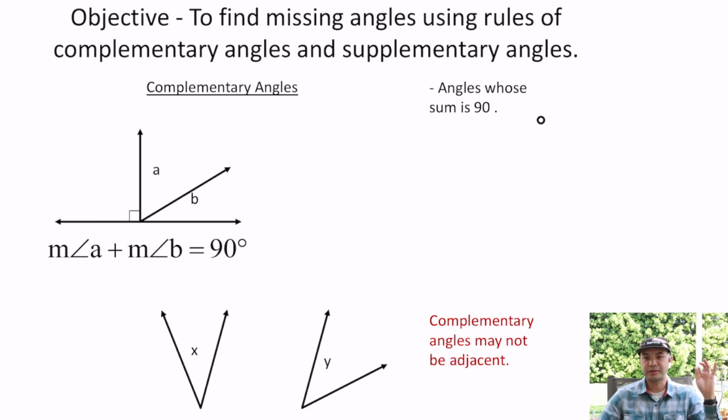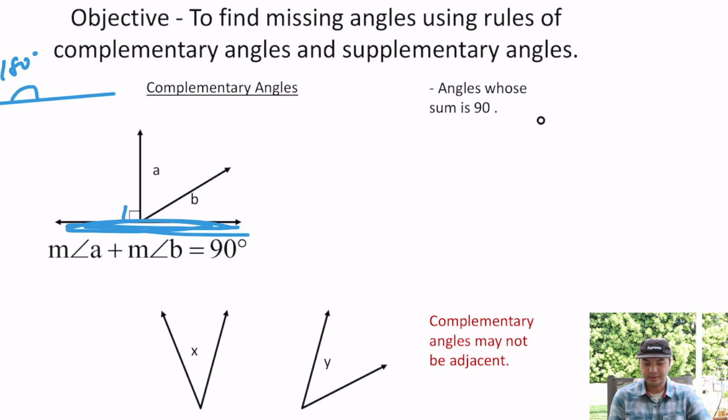So first of all, complementary angles. Complementary means that they are two angles that add up to 90 degrees. So two angles that add up to a right angle. In this case, you can see one side over here, that is 90 degrees. So you learned from before that a straight angle is 180 degrees.